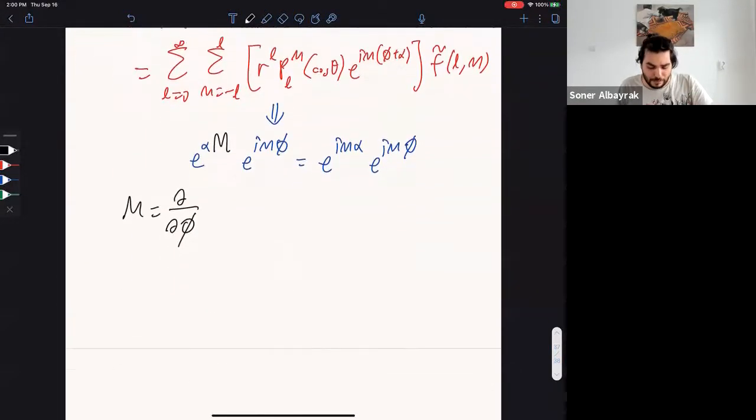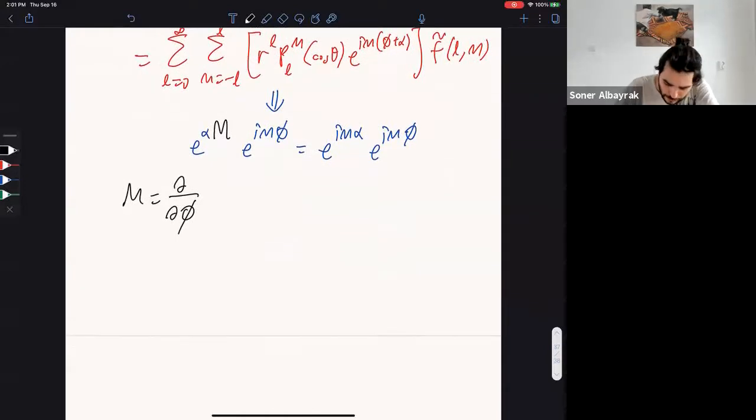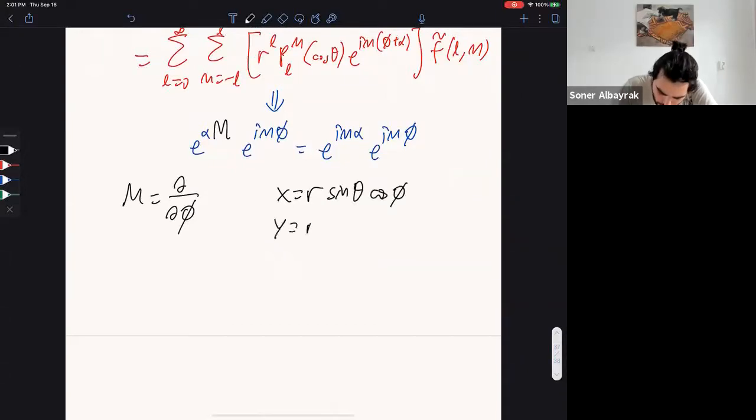Now we can go back to our Cartesian coordinates as follows. X is equal to r sine theta cos phi. Y is equal to r sine theta sine phi. And z is equal to r cos theta, right?